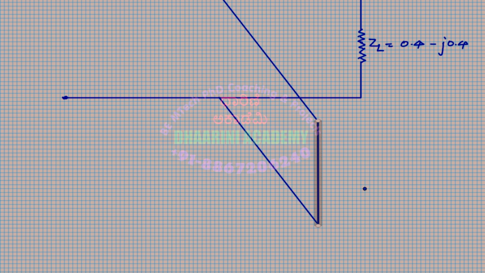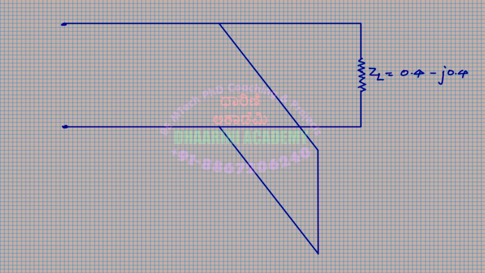You can assume a short-circuited stub. Two things to find, right? The similar diagram I had drawn when we discussed stub matching. The first thing is where I am supposed to put the stub. That distance from the load, where I'm going to put the stub, is what I'm going to call L1. I'm supposed to find the location of the stub.